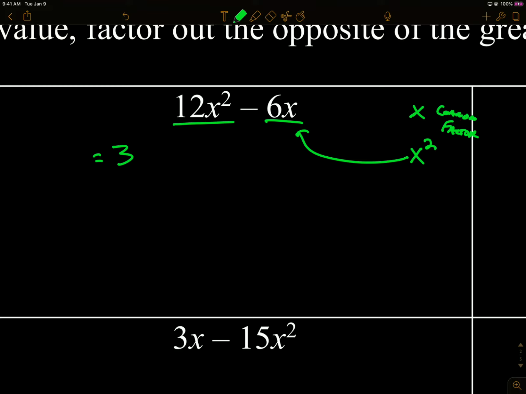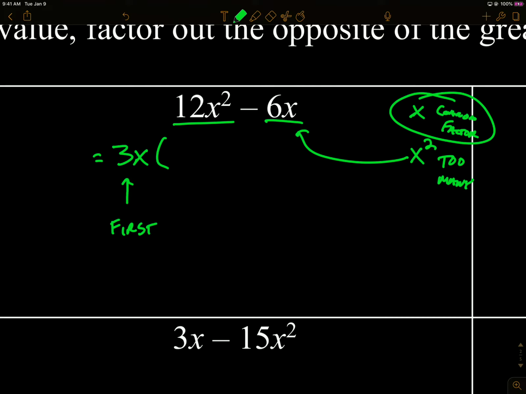If I only have 1 x, I'm trying to divide out 2. I can't. That's too many x's to divide out. Yes, I can divide x squared out of x squared, but I can't do it out of the other one, so it's not a common factor. So x is the greatest common factor. So that's how you decide your greatest common factor. You do numbers first, then x is next. So there's my first factor.